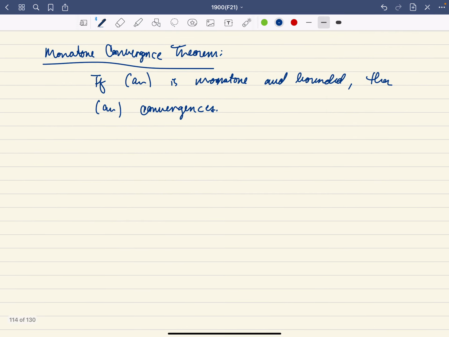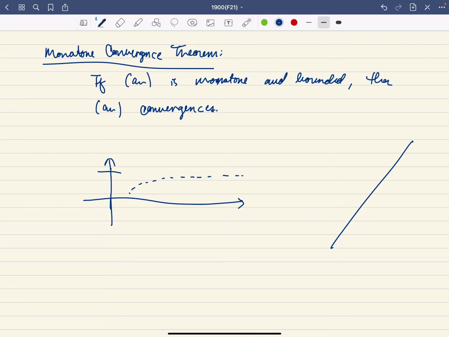The idea here is pretty clear. If it's monotone, the function or the sequence is always moving in one direction. And if it's bounded, that means that it's eventually going to level off. It's never going to get above a certain value. Think about what it means for a sequence or a function to diverge.